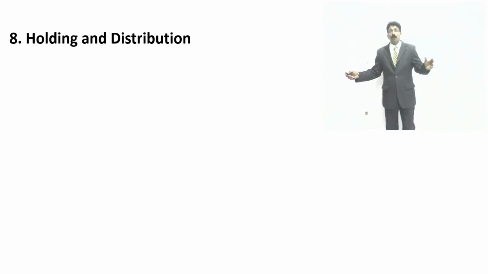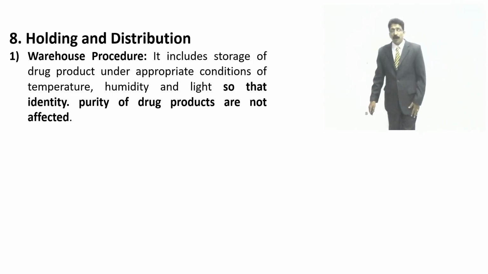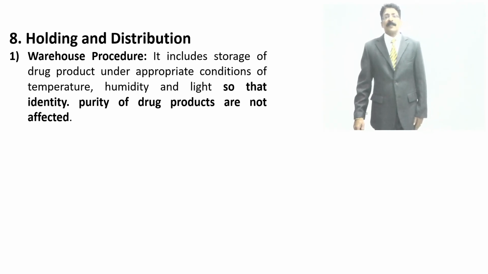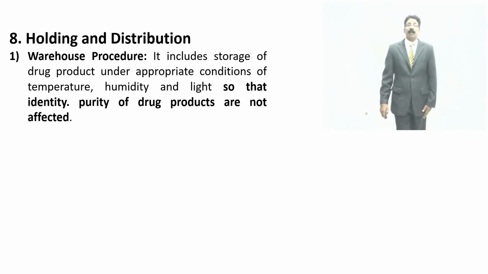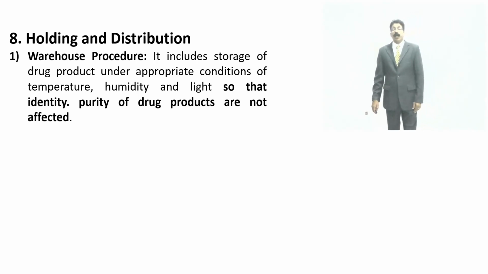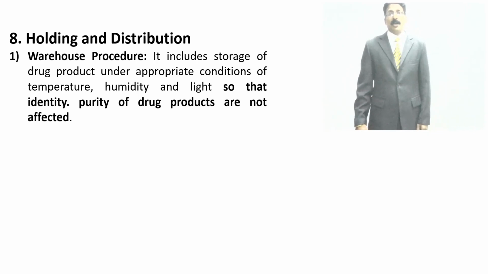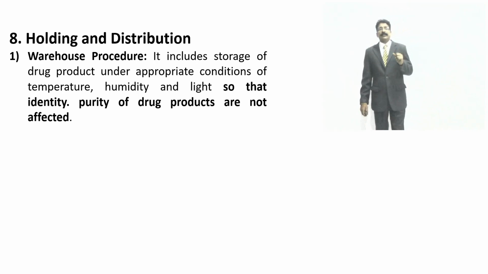So how to do this? We can maintain warehouse procedures. It includes storage of the drug product under appropriate conditions of temperature, humidity, and light, so that the identity and purity of the drug product are not affected.